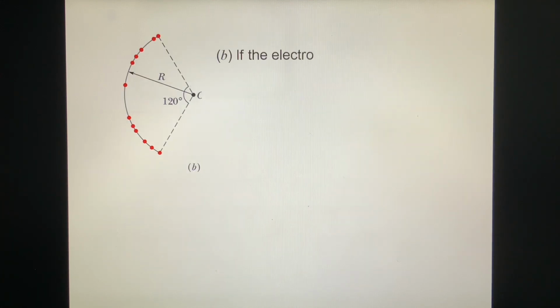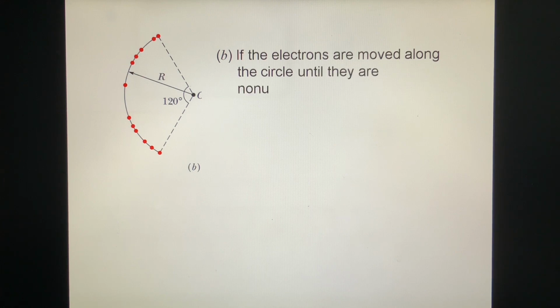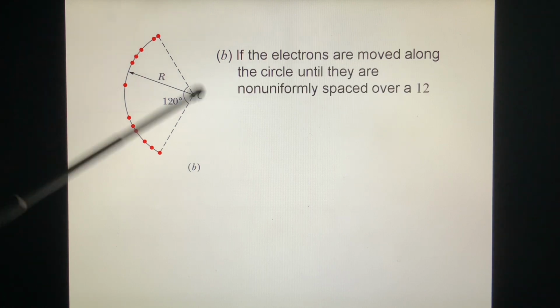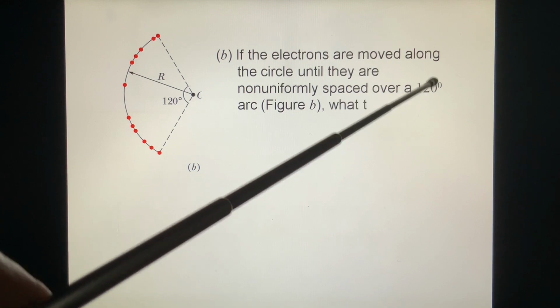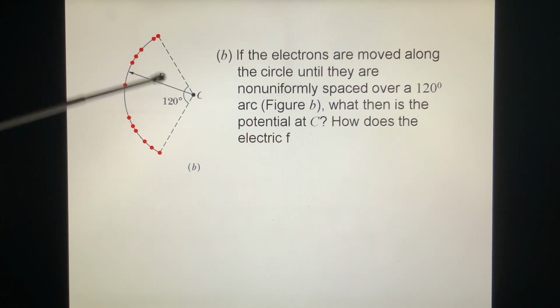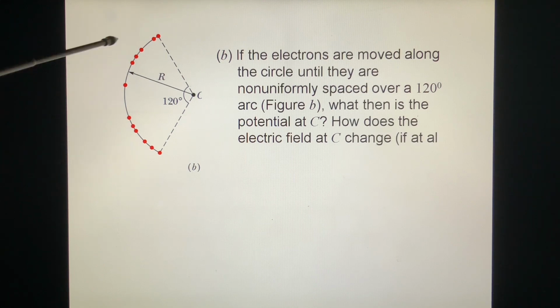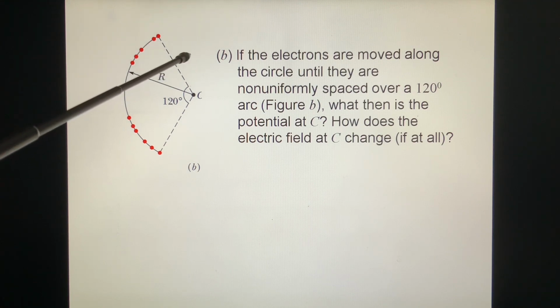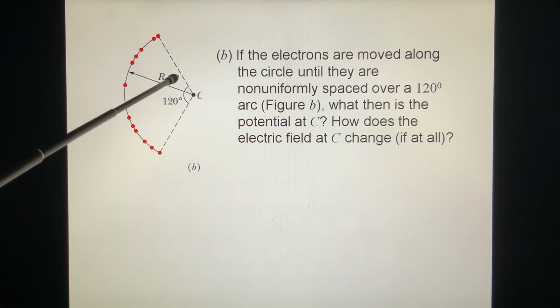Question B. If the electrons are moved along the circle until they are non-uniformly spaced over a 120-degree arc, arranged randomly, what then is the potential at C? How does the electric field at C change, if at all?